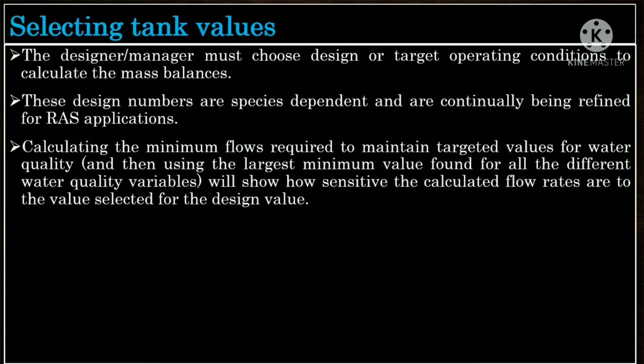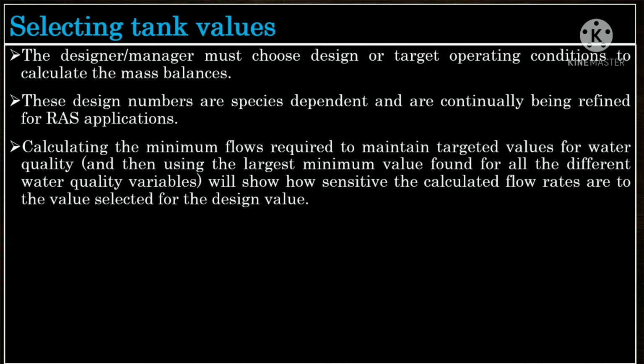Next is selecting the tank values. The designer or the manager must choose design or target operating conditions to calculate the mass balance. These are the C values in the mass balance equation. These design numbers are species dependent and are continually being refined for RAS applications.